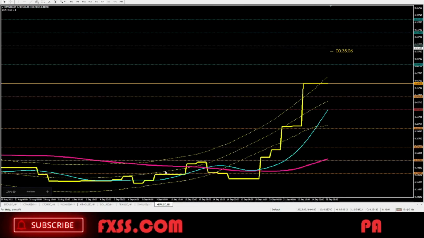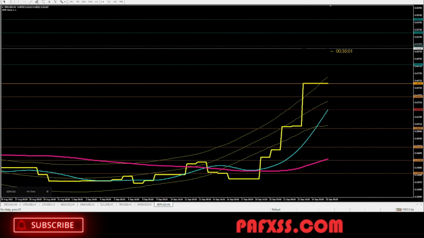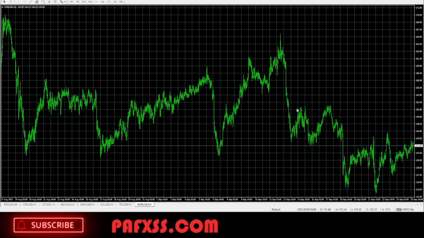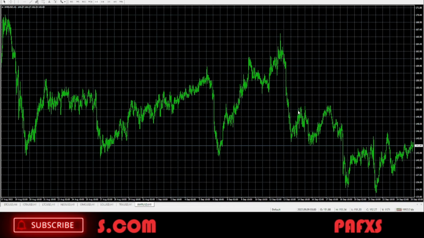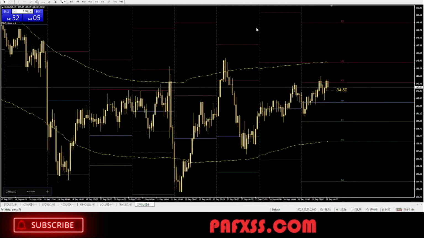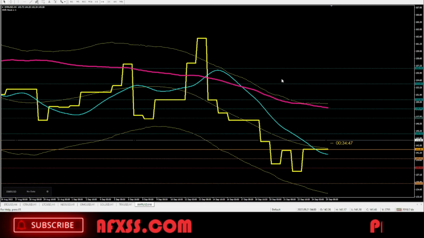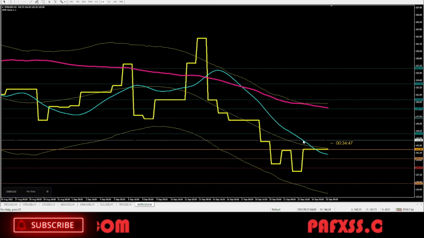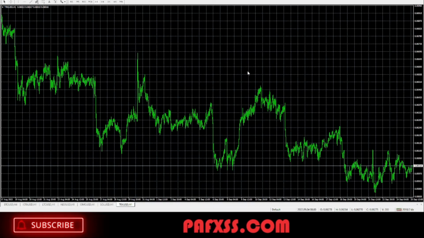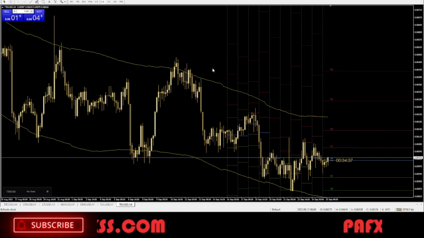XRP is going up. Oh, I'm sorry, this one is GODFORCE. Okay, wrong template. Okay, this one is XMR USD, no. TRX, no.